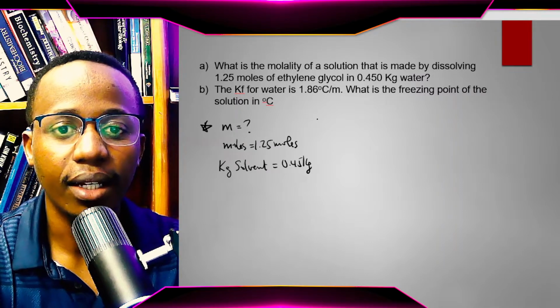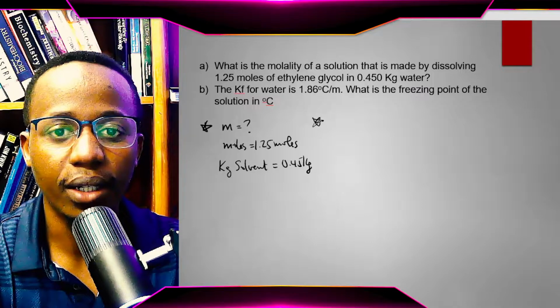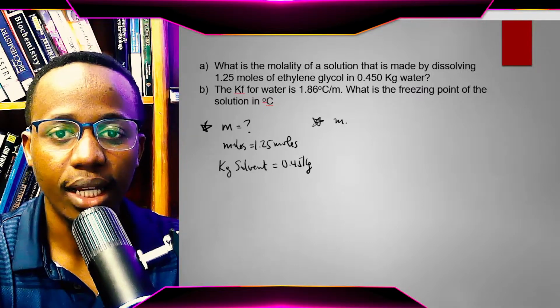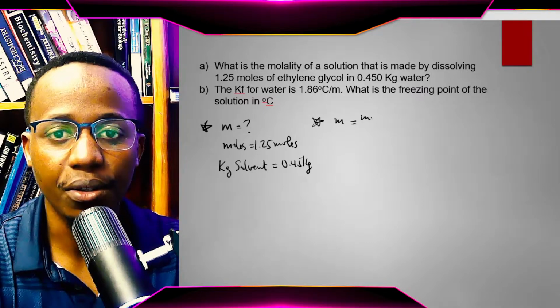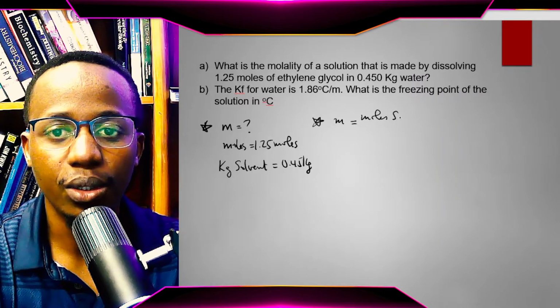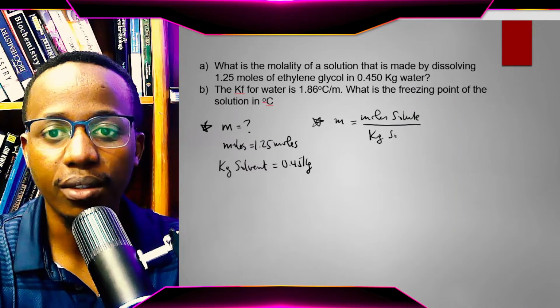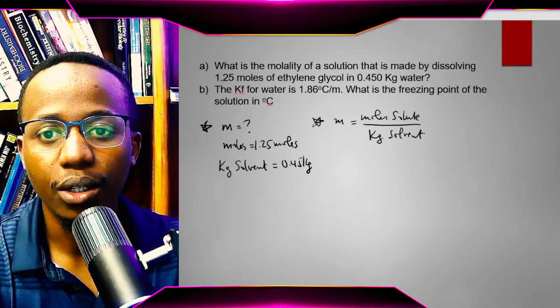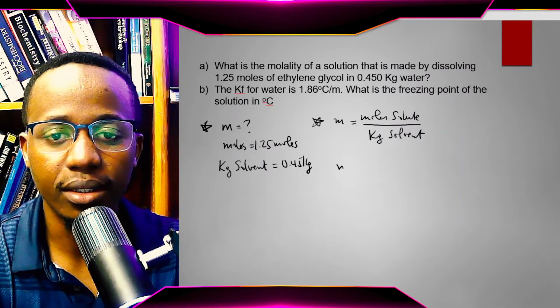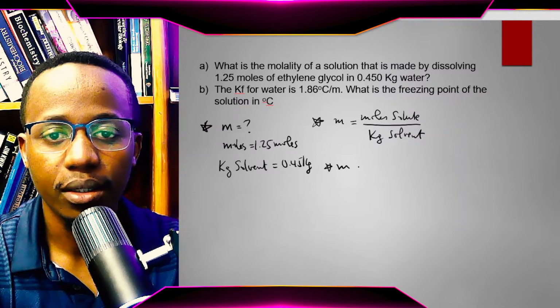All right. So what do they want for A? They want the molality, which is the number of moles of solute over the kilograms of solvent. So all we need to do here is just substitute.